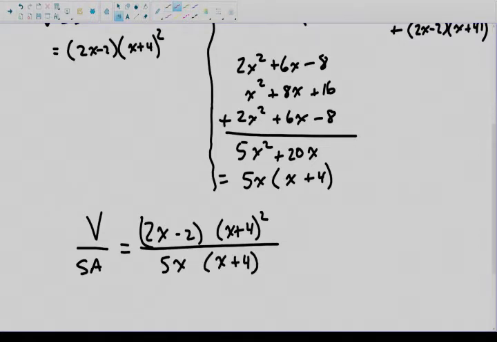And now, because everything is multiplying and dividing, one of the x plus 4s will cancel out with one of the x plus 4s. So our final answer is going to be 2x minus 2 times x plus 4, all divided by 5x.